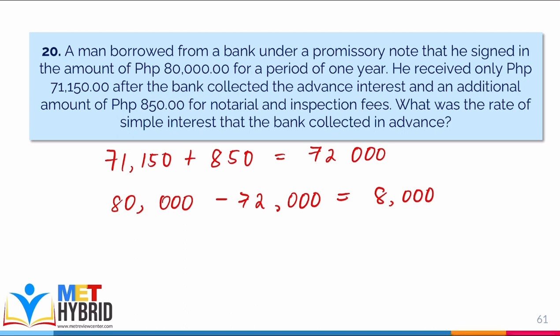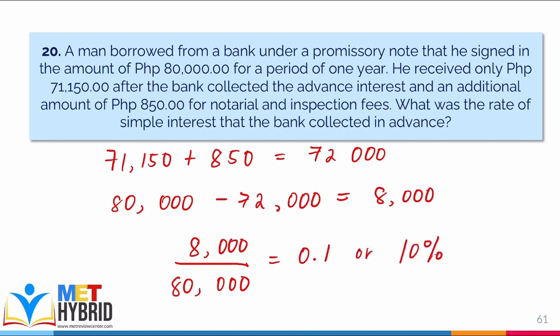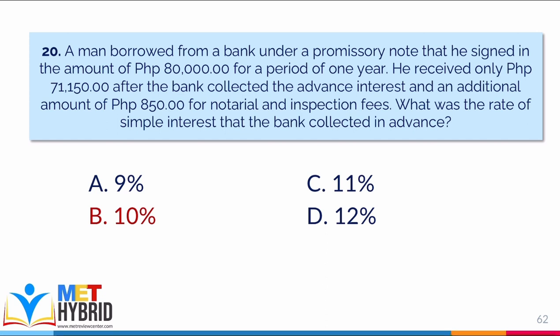Now to solve for the rate, we just simply divide 8,000 by 80,000. The result is 0.1 or 10%. The answer therefore is B, 10%.